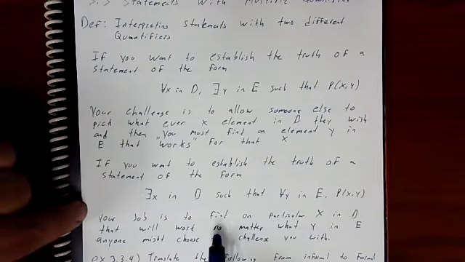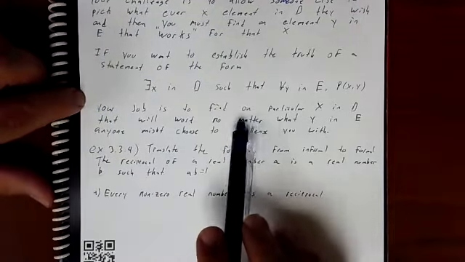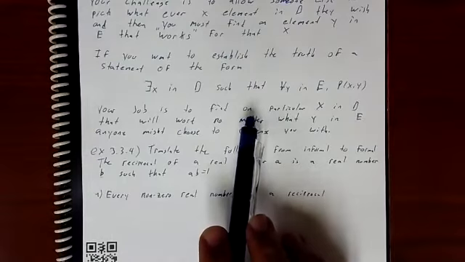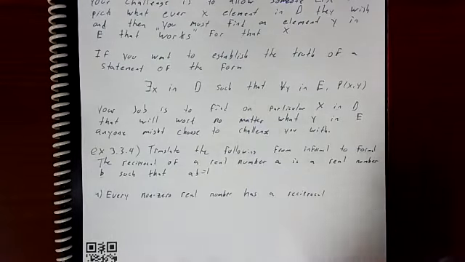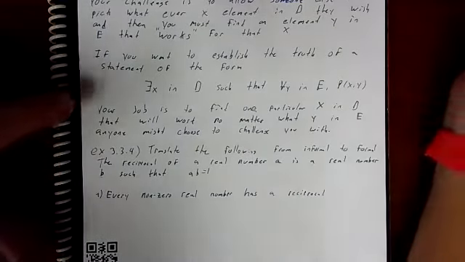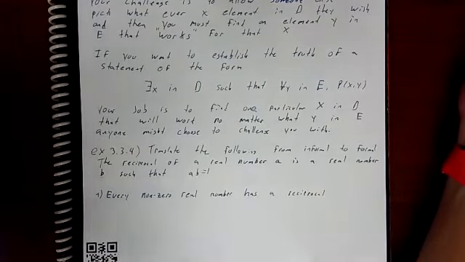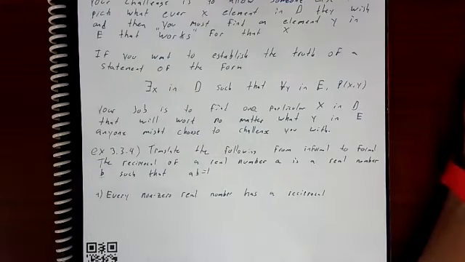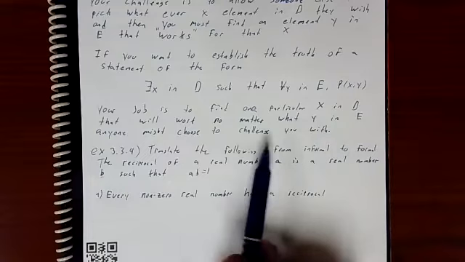So your job is to find one particular x in D that will work no matter what y in E is chosen, no matter what y anyone might challenge you with.